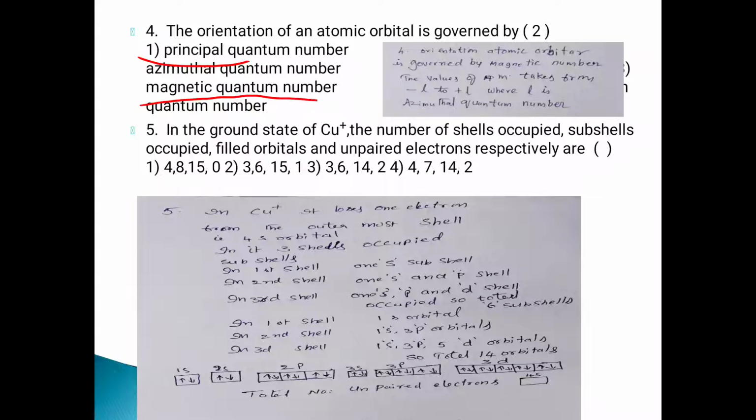And the spin quantum number gives only the spin of the electron in an orbital, either clockwise or anti-clockwise. So as per the given question, the suitable answer is the magnetic quantum number. I think it is a very simple one. Only thing is you have to understand and should have a clear meaning and knowledge of the quantum numbers.